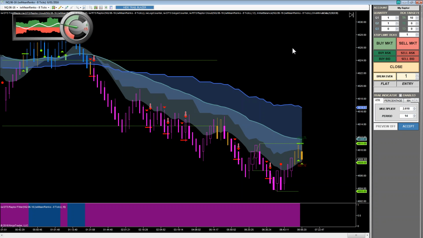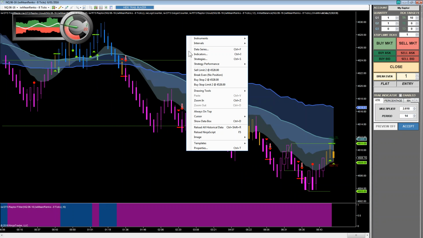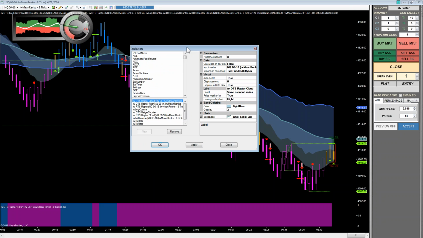Regarding your earlier question about whether the signals are discretionary or automatic, the other DTS birds are locked. You cannot change anything on them except for the brick size. You can change the size of the bar that paints. The Raptor, however, is more customizable.